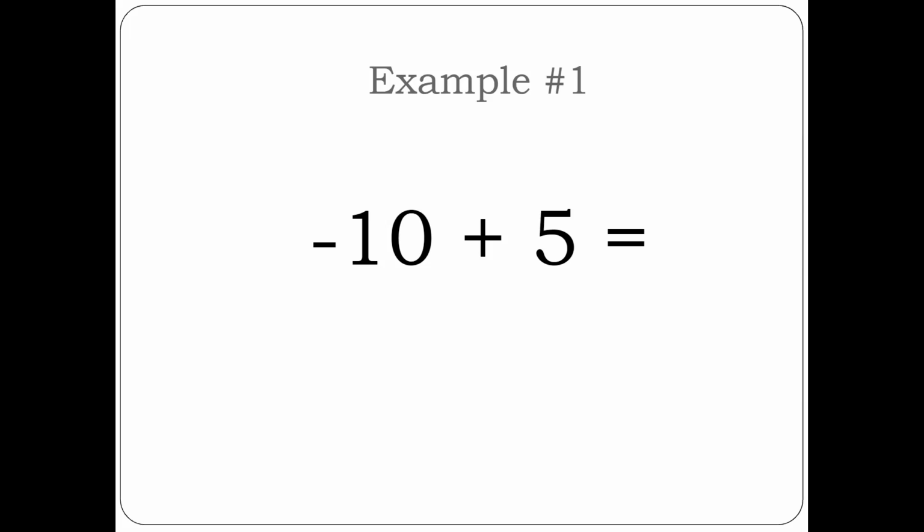Is the answer going to be negative or positive to this problem? Yeah, it's going to be negative because our first number is larger. It's going to be -5. And I could also write this 5 minus 10. It's the same problem. When you're in grade school, they don't teach you that because they don't teach you about negative numbers. They tell you you can only do this stuff one way.